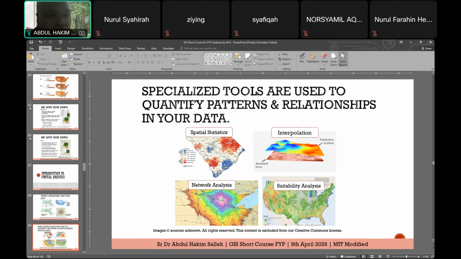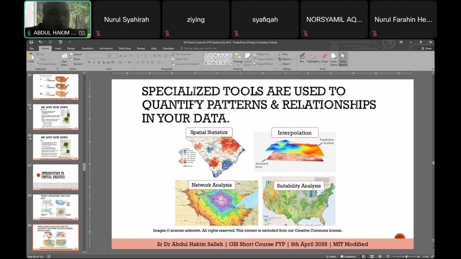Next is network analysis. If you want to study traffic data, or the shortest path between point A and point B, usually you will use Google Maps or Waze.